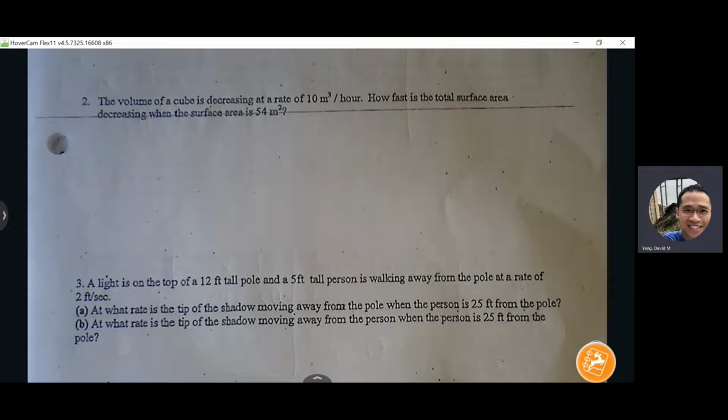Page 3, number 2 says: the volume of a cube is decreasing at a rate of 10 cubic meters per hour. How fast is the total surface area decreasing when the surface area is 54 square meters?